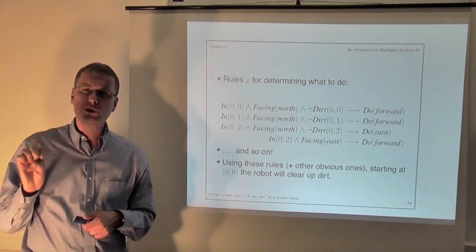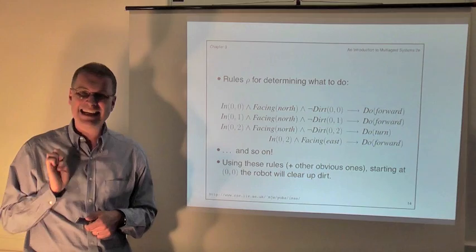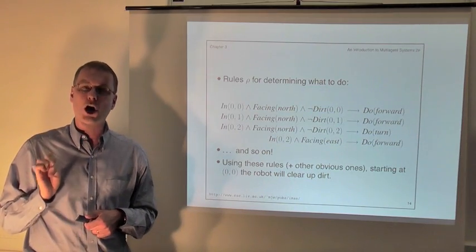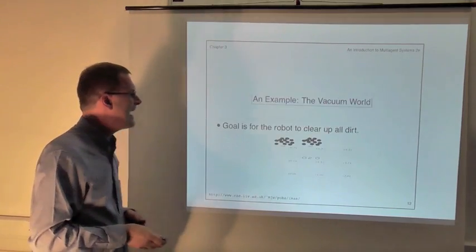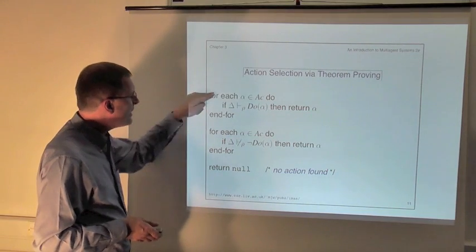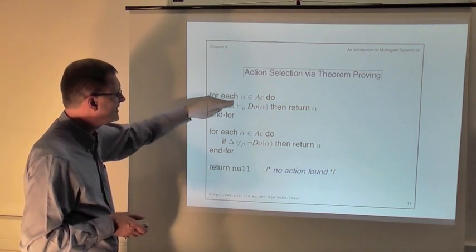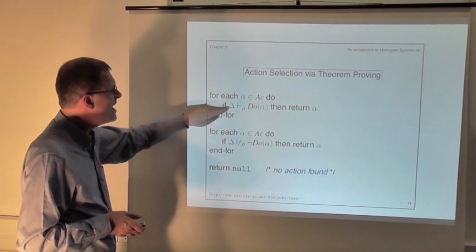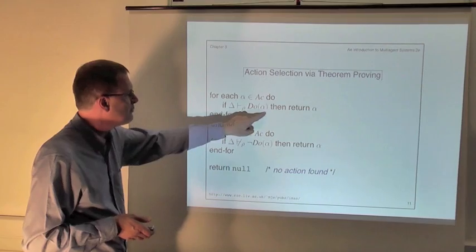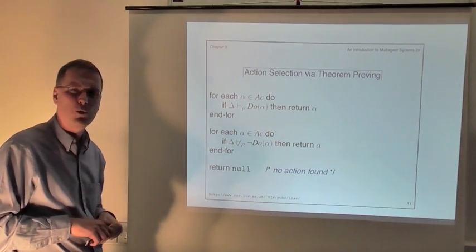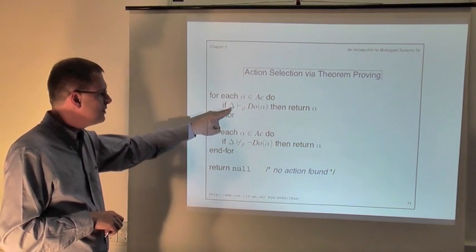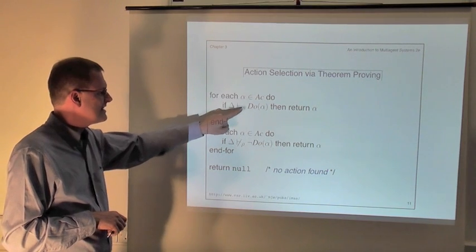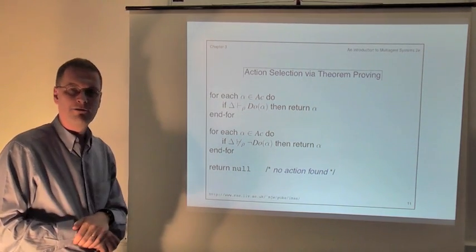And you try to prove a theorem to the effect that a particular action to perform is the optimal action to perform, given your beliefs. So in our examples, we considered in this control loop, we considered each possible action in turn and tried to prove do alpha. And if we could do this proof, then the idea was that alpha was the optimal action to perform, assuming that the world looks like this according to your theory of optimal action.